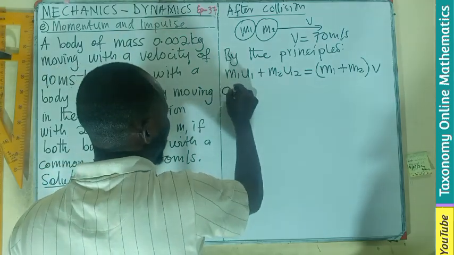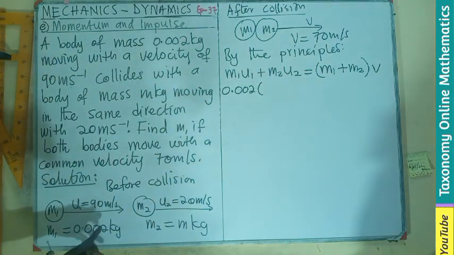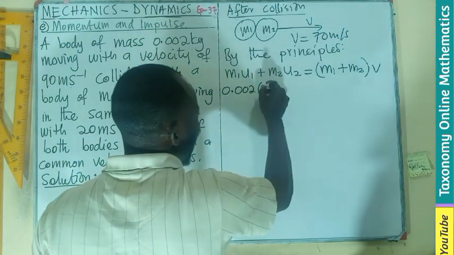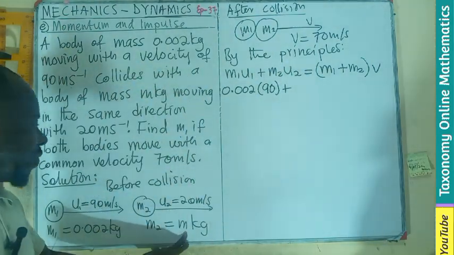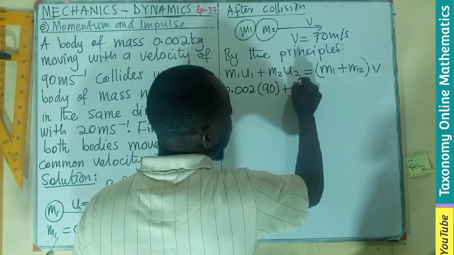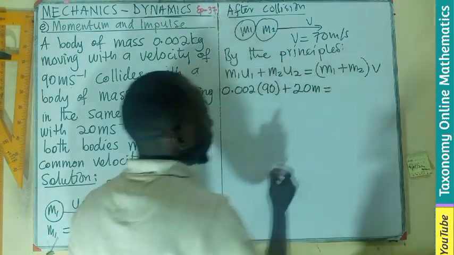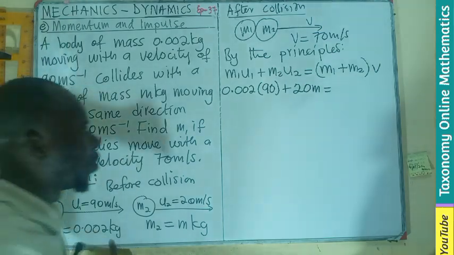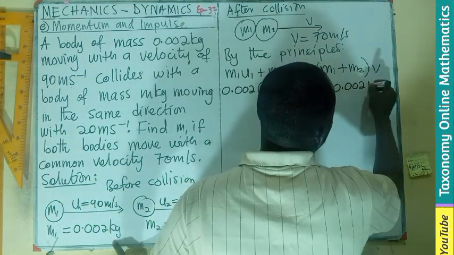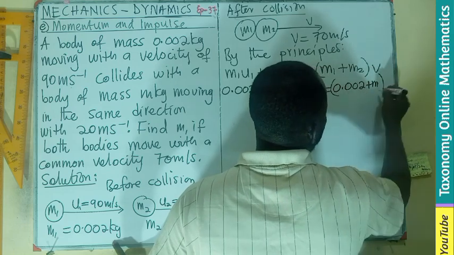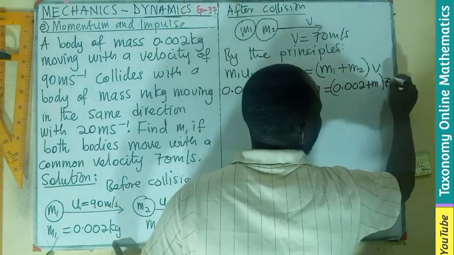I should be having 0.002 multiplying the first velocity of 90, plus the mass m times 20, equals the first mass, 0.002, plus m, multiplied by 70.